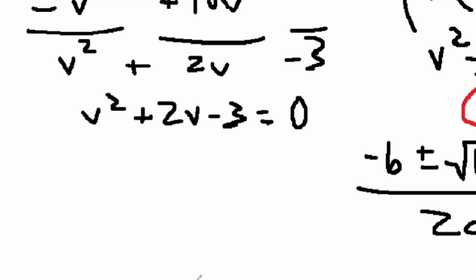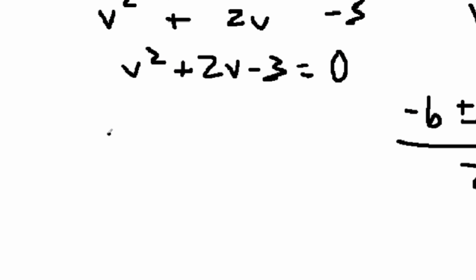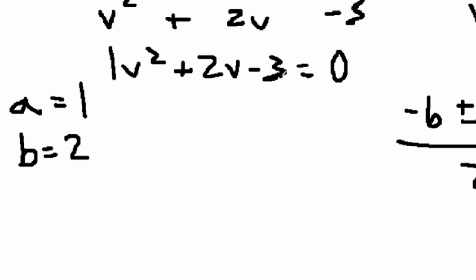Okay, so now let's just factor that in for this. So a is equal to 1, b is equal to 2, and c is equal to negative 3.